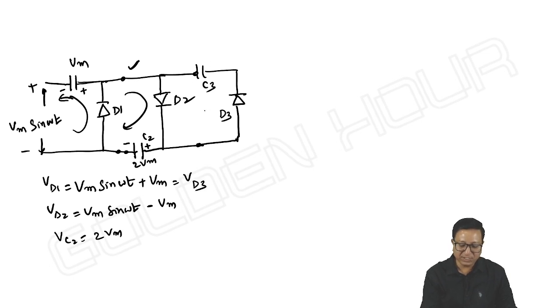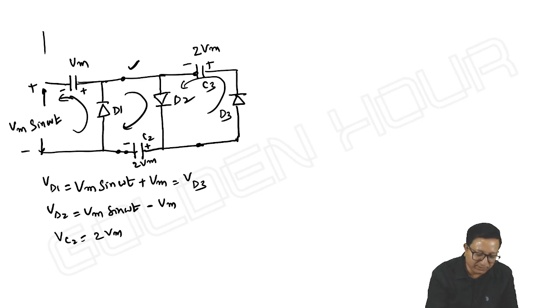And C3 will charge up to the negative peak of the input. Okay, and of course the current will be flowing in this direction. It will charge up to 2Vm. Okay, now I can take the overall output between these two terminals. Now it is minus, it is plus, no, plus minus.